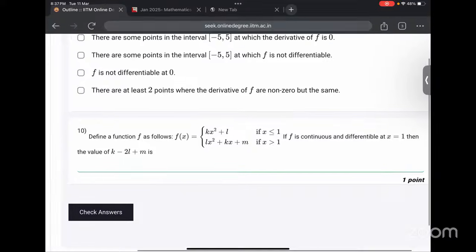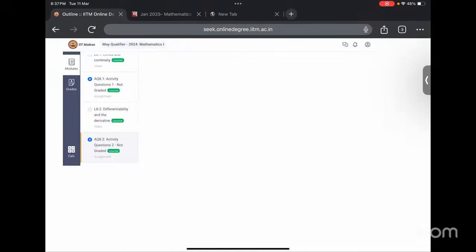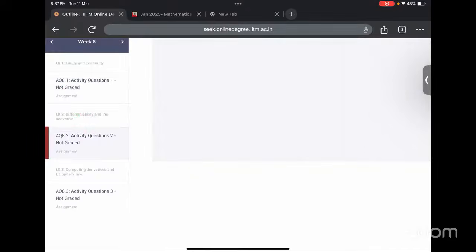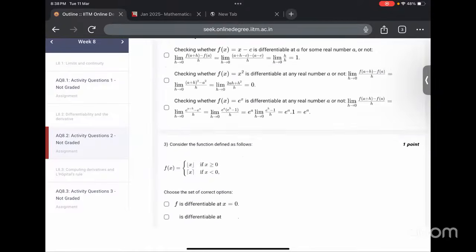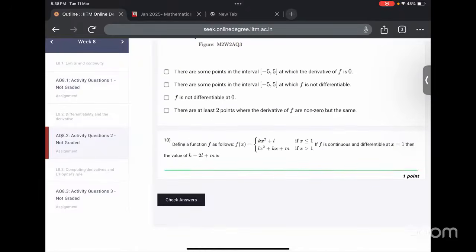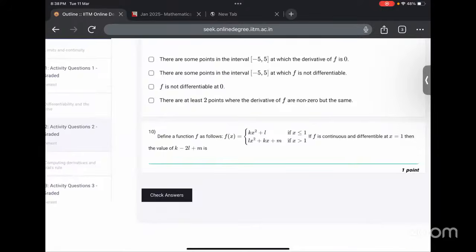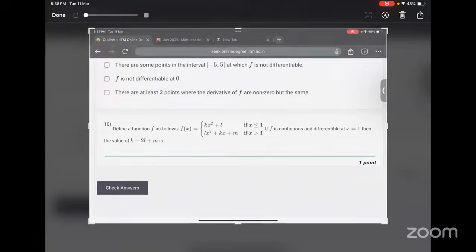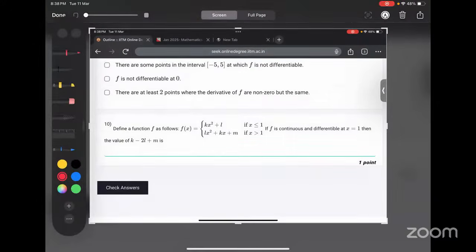Then we have to find the value of the given quantity. So these two are given, continuous and differentiable. These two are hints. If the function is continuous, then we know the definition, and if it is differentiable, then also we know the definition. Just try to use this.